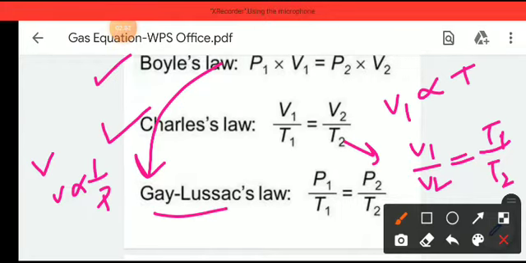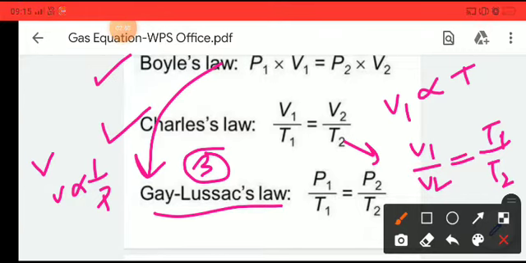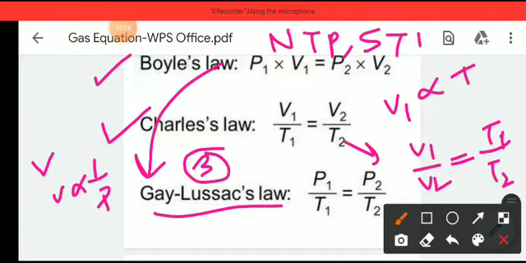And there is a third law that is called Gay-Lussac's law. Gay-Lussac's law states that if pressure and temperature are almost the same, or we can say at NTP or STP, that is normal temperature and pressure and standard temperature and pressure, then for any gases the volume is almost the same.